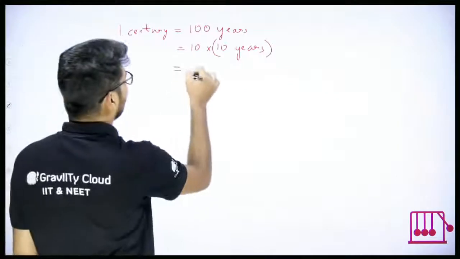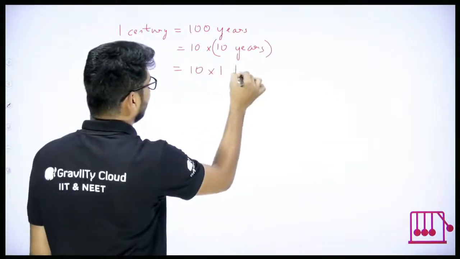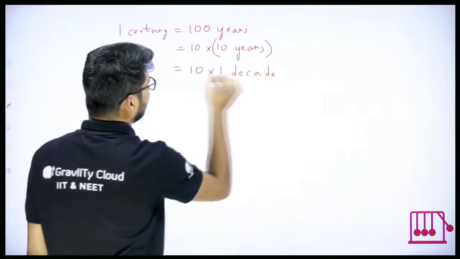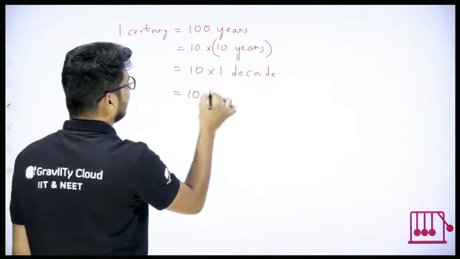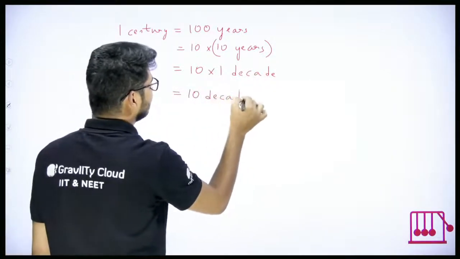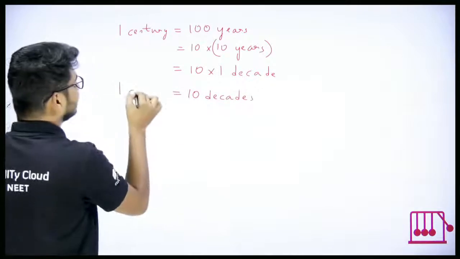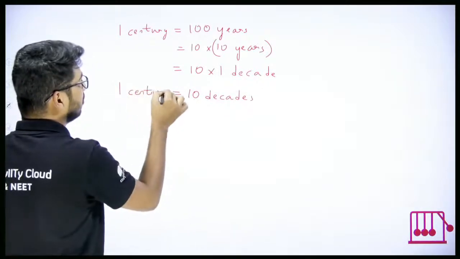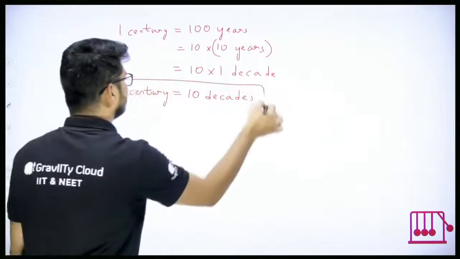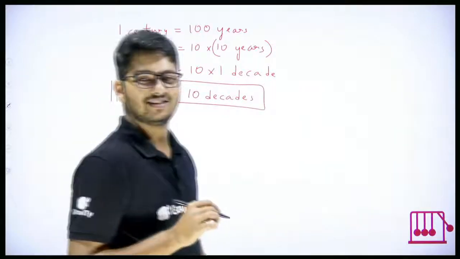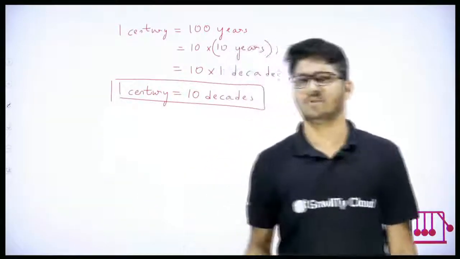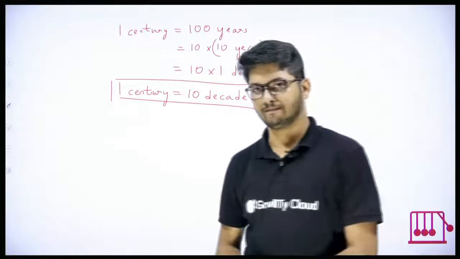So in place of 10 years, if I write 1 decade, then you have 10 into 1. So you can write 10 decades. So 1 century is equal to 10 decades. Clear? Extra information which will help you.